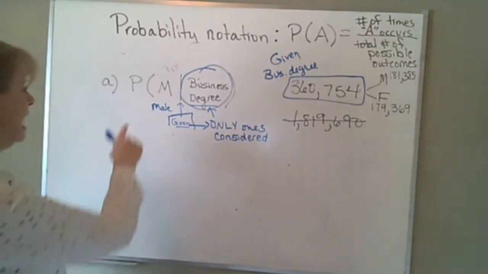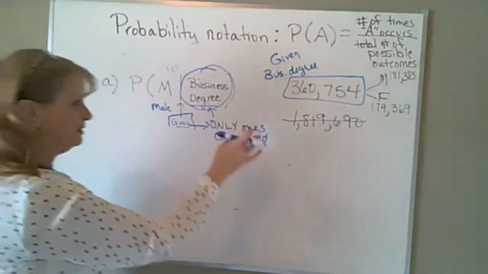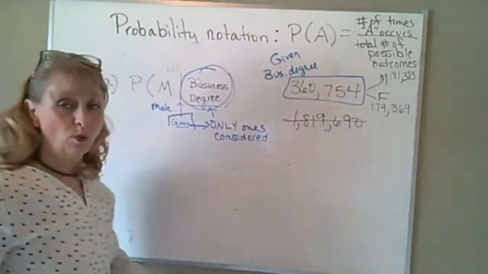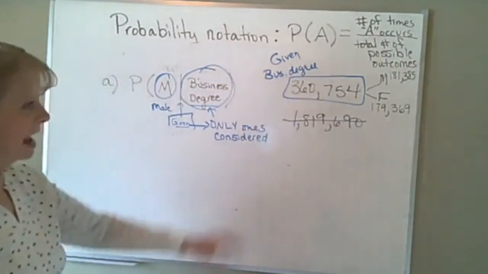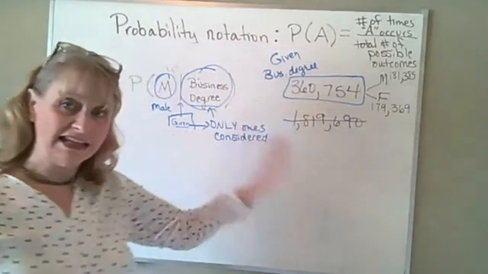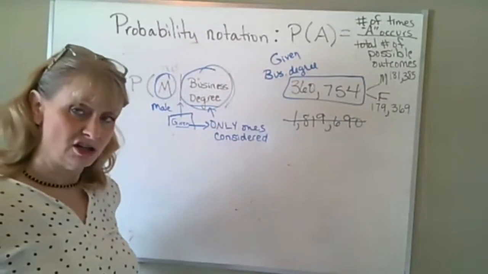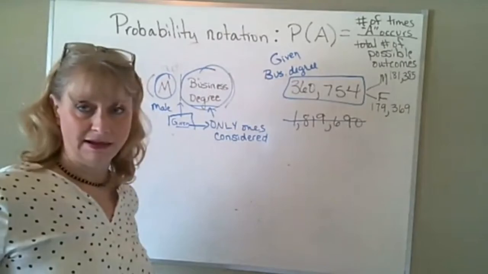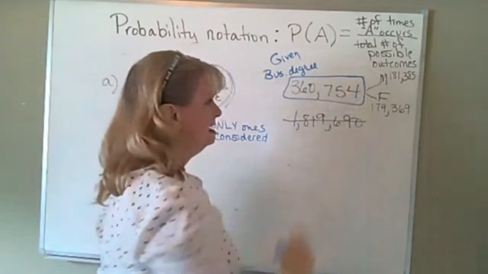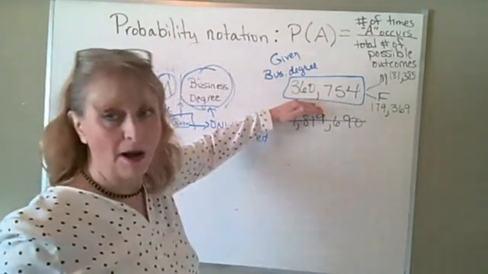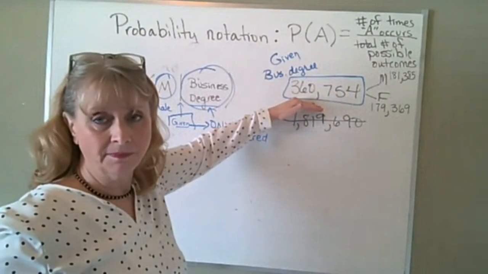So now that we've narrowed it down to this, what's the probability that they are male? Now we look at those that are in my given set that meet the condition that I know already happened. I already know I'm in this area. And now the question is, from that, what's the probability that they're male?